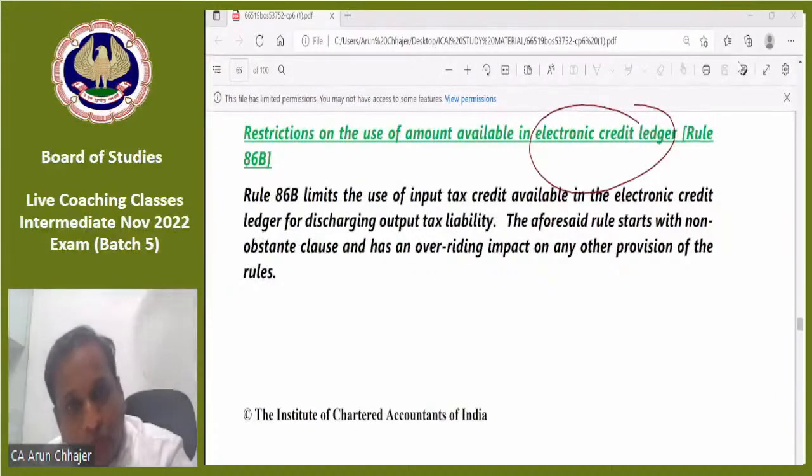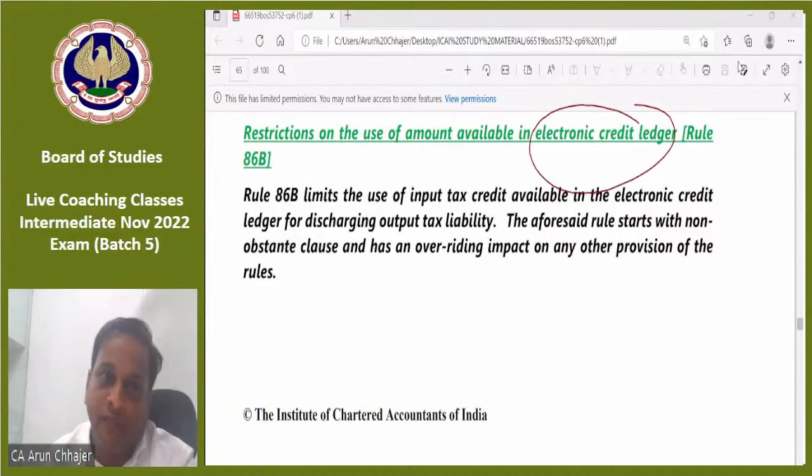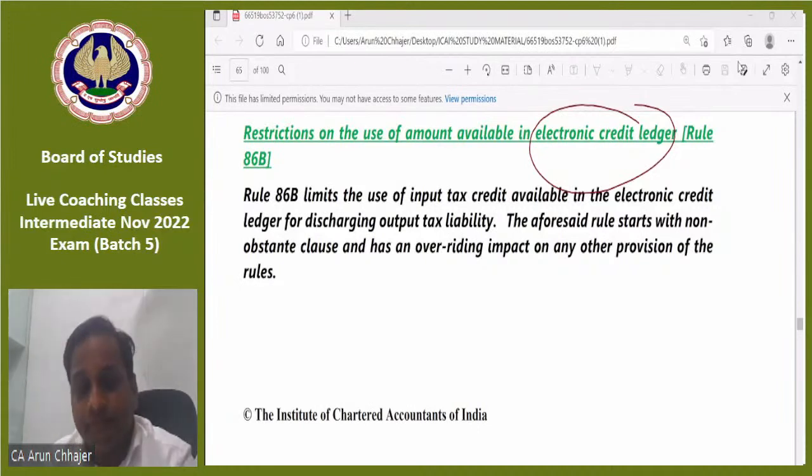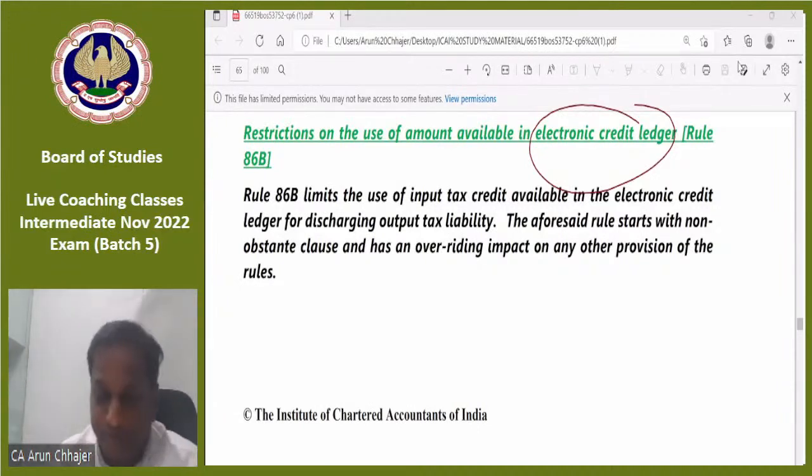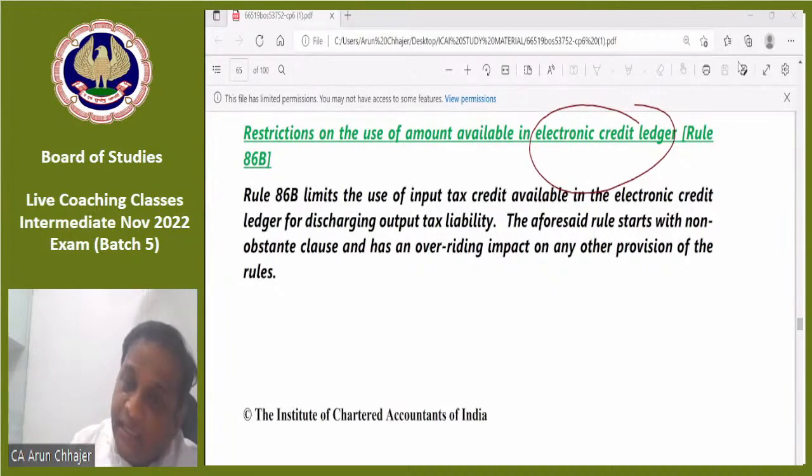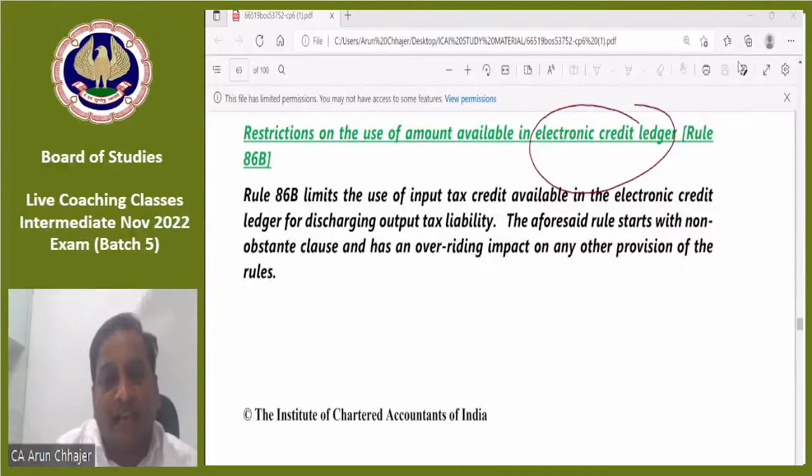But the new Rule 86B says that you can use a maximum of 99% ITC. 1% has to be discharged in cash.